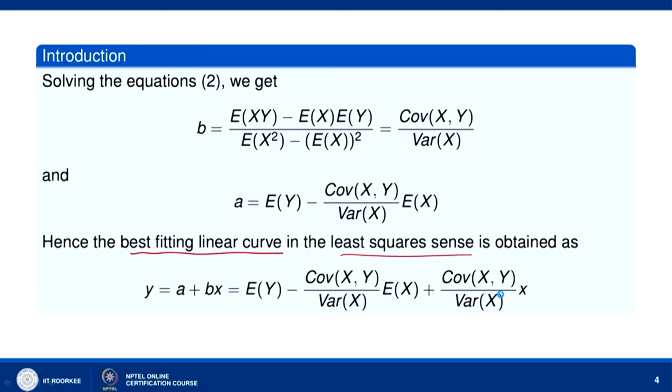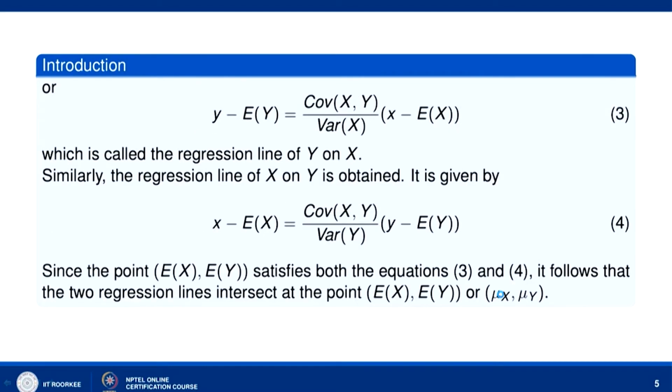We can rewrite this equation as y minus E[y] equal to covariance of xy over variance of x into (x minus E[x]). This equation is known as the regression line of y on x. For a given value of x, you can get the approximate value of y using this equation.